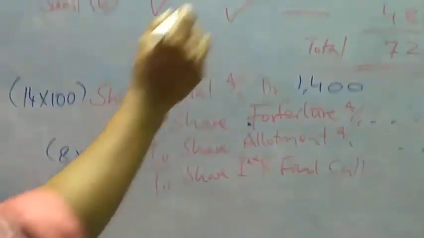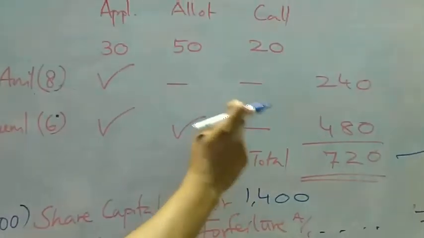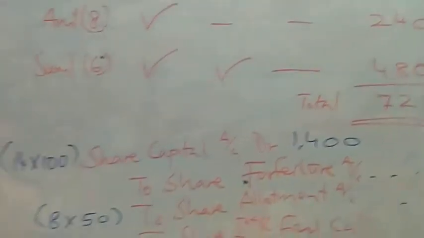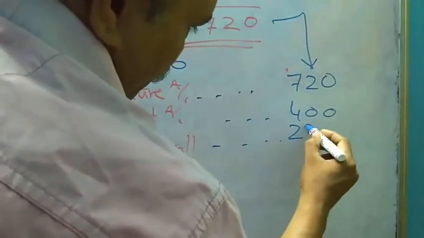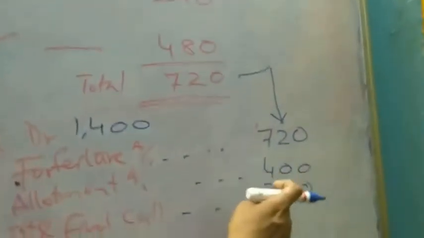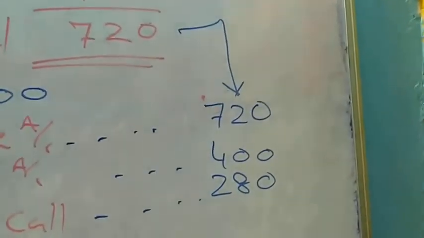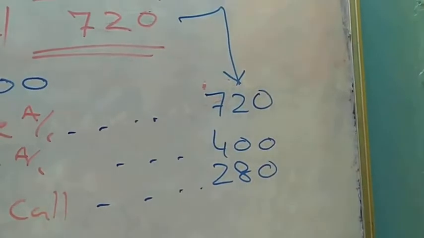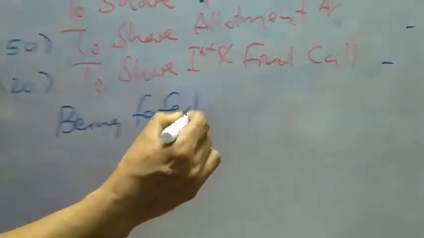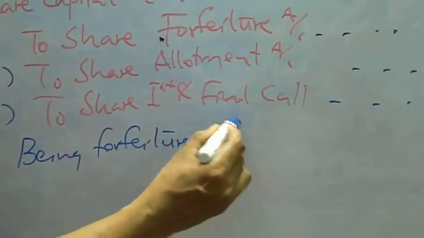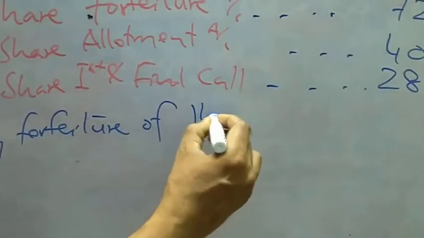Then here both the people are not paying the money, that means 8 plus 6, 14 into 20, that is 280. Just check the entry. Total is 1400. We will write the narration: being forfeiture of 14 shares.